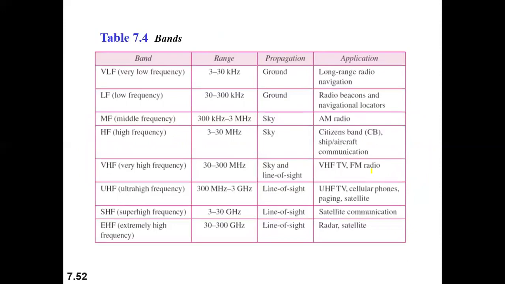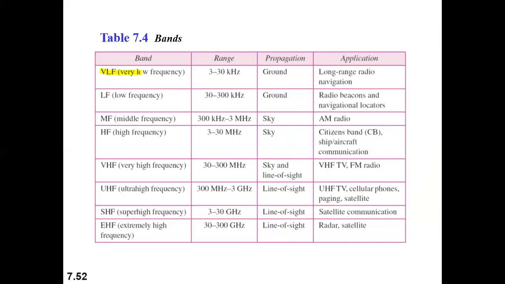All right, so the section of the electromagnetic spectrum defined as radio waves and microwaves is divided in 8 bands. All right, so each of these bands are regulated by the government.